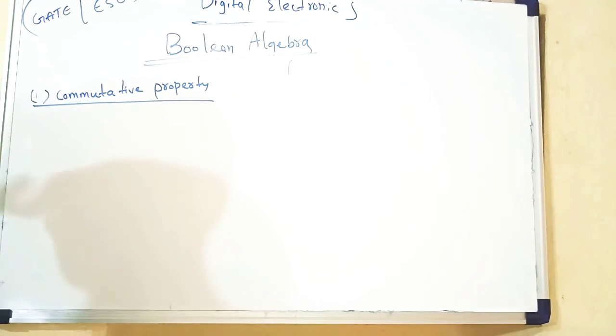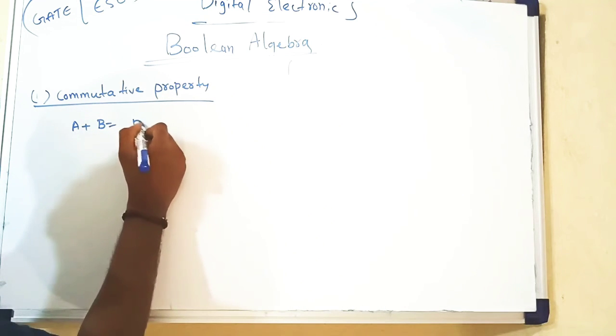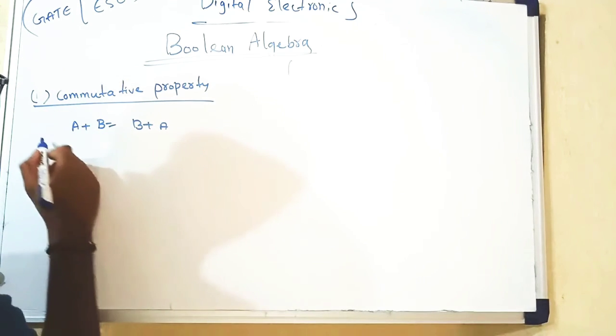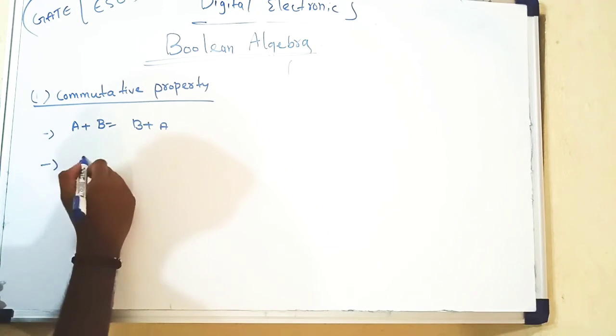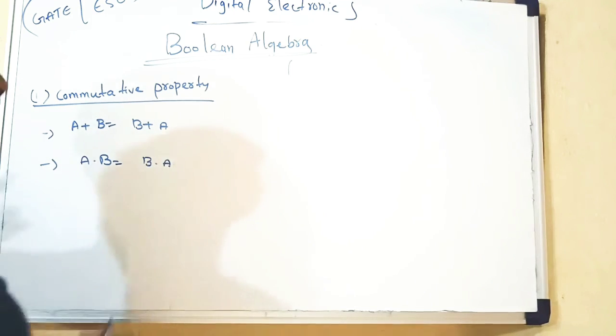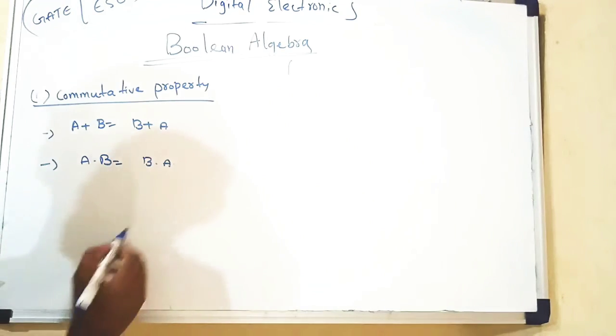The commutative property is nothing but a plus b equal to b plus a. This is for the sum operation. For the AND operation, a into b equal to b into a. Here we do not need proofs because we can check it directly by using the bits. This is the commutative property.